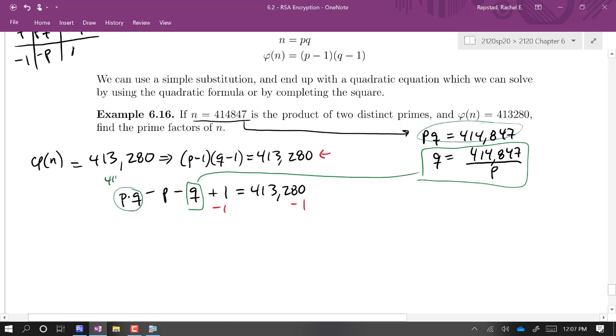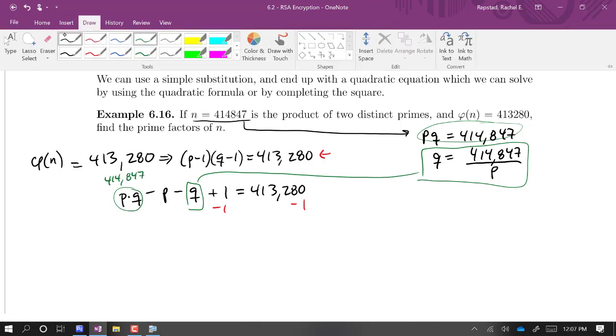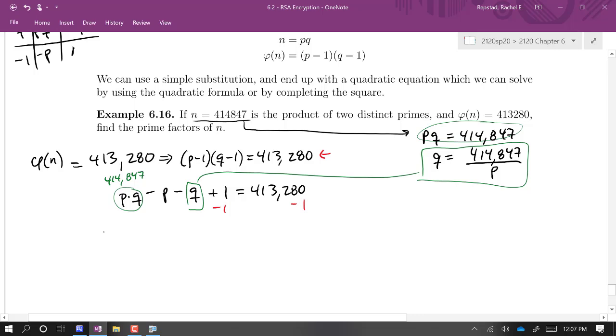That's 414,847. So now what we have is 414,847 minus p minus 414,847 over p is equal to 413,279.